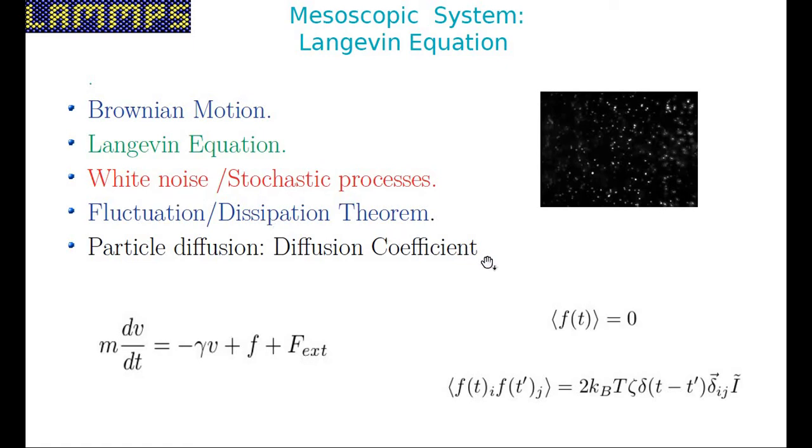In this stochastic process, the force averages to 0 in time, and the variance of the force is different to 0.